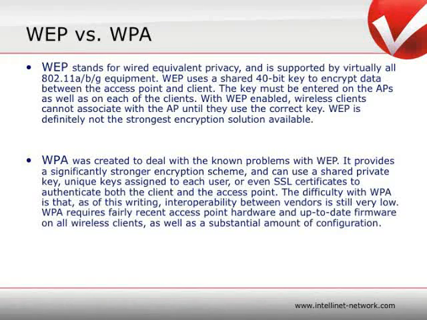WPA requires fairly recent access point hardware and up-to-date firmware on all wireless clients, as well as a substantial amount of configuration. But nonetheless, WPA is the most secure form of wireless encryption.